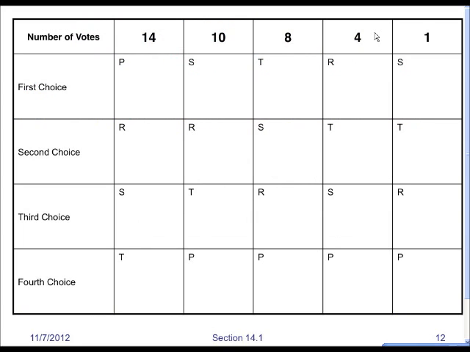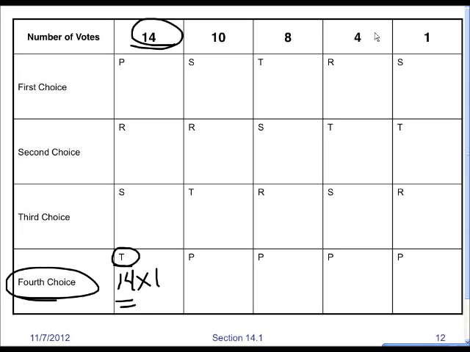So Tim had 14 fourth choice votes, those are 1 point each. So 14 times 1 point each, Tim gets 14 points. Sarah got 14 third choice. Third choice is 2 points.